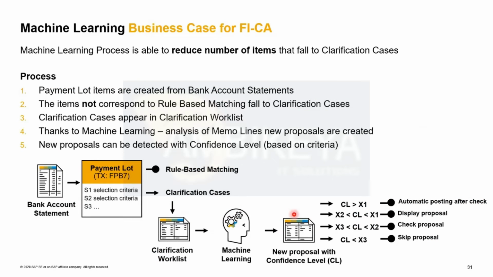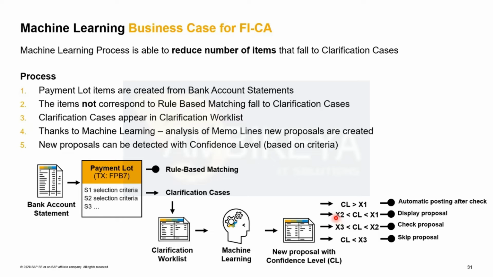So what can you do with that confidence level? You can customize the system in a way that, for example, everything with a confidence level higher than 95% is cleared automatically. So you do not check it anymore.